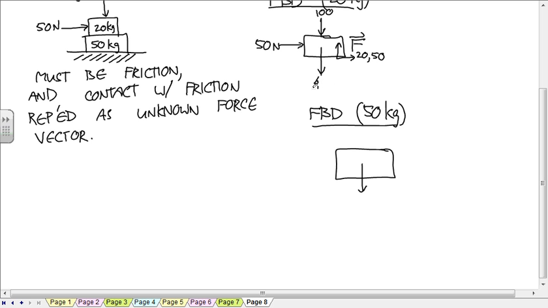Yeah, this one should be 196.2. So the weight of the 50 kilogram block should be 490.5. And now we're just going around. No, I'll just assume they're always newtons.